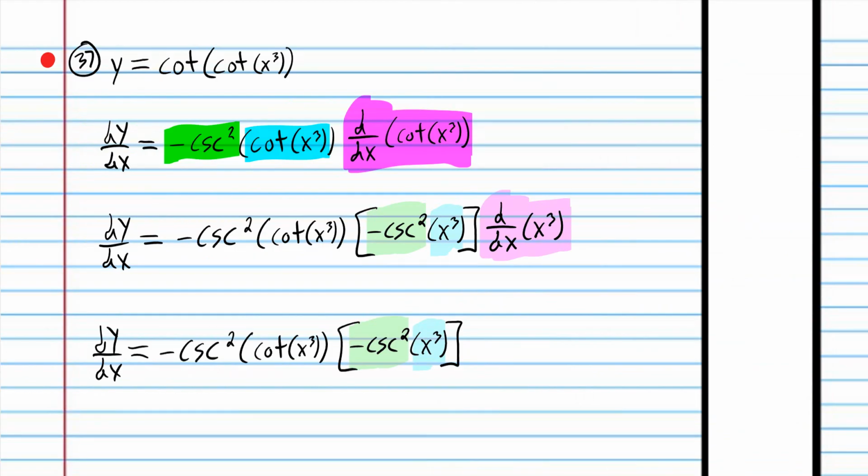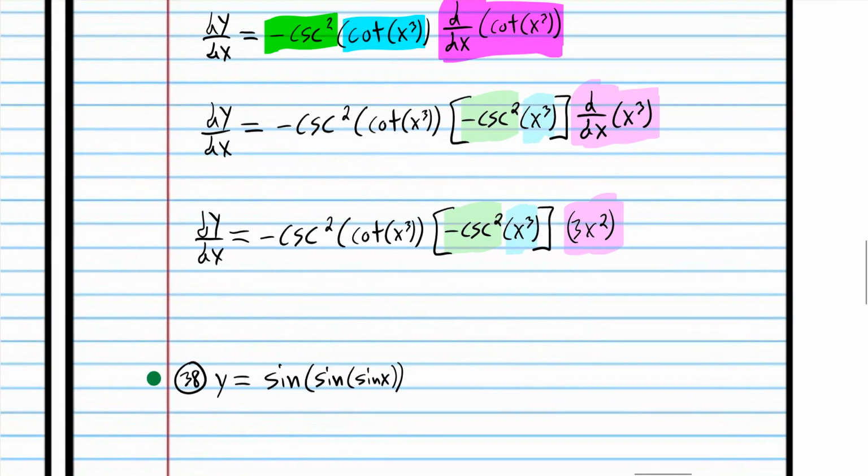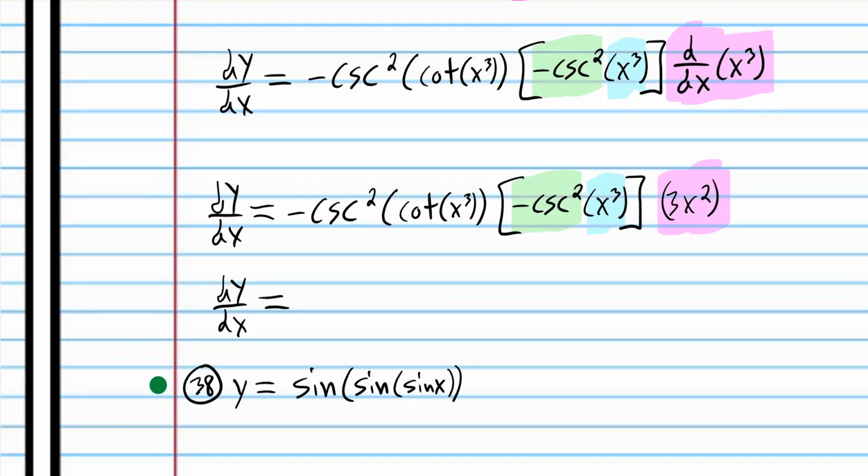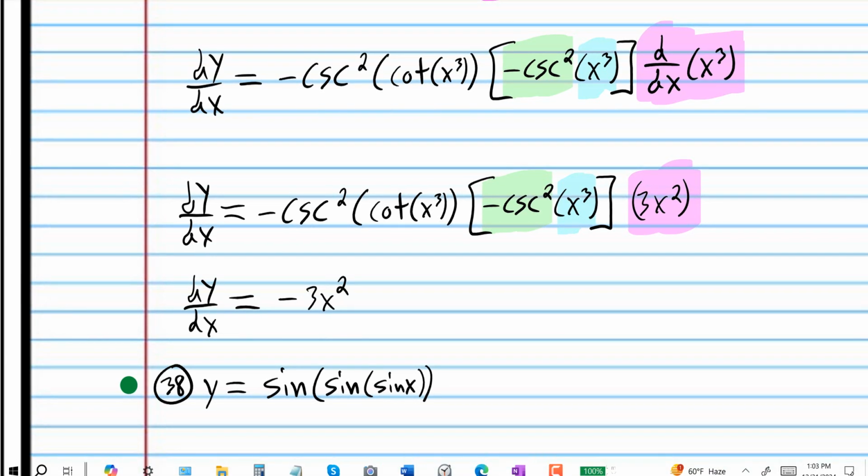So the derivative of x cubed is 3x squared. And now all we have to do is simplify the expression. So we can write the negative 3x squared first. And actually it's going to be positive because we have a negative times a negative.